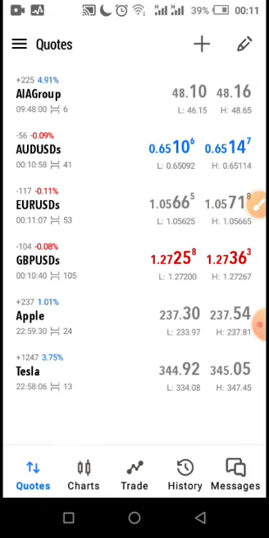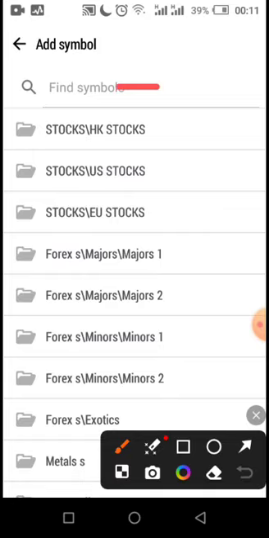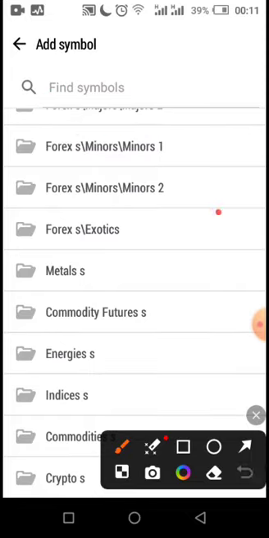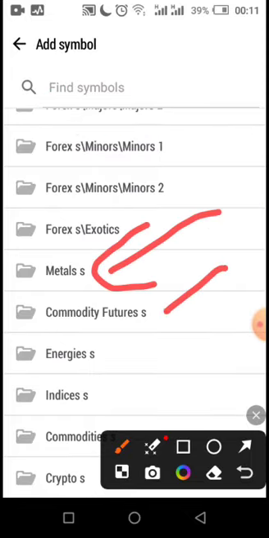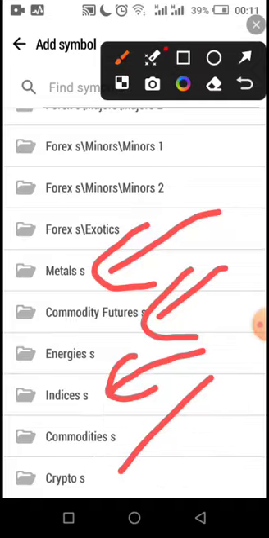Then how you can use intermarket analysis for the other asset classes is that when trading other asset classes like stocks and metals and even commodities, the stock indices and cryptocurrencies, you also trade them when they are in the opposite direction on higher time frame trend of the US dollar index.